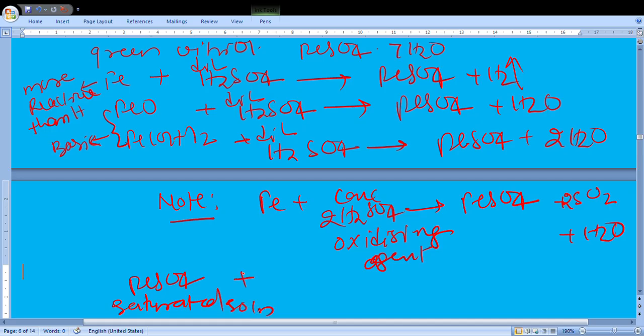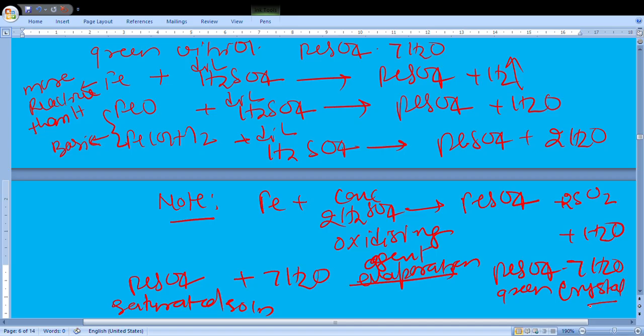Plus it will add 7 water molecules from the saturated solution, and after evaporation it gives FeSO4.7H2O, that is, green colored crystals will be formed. In this way, we are able to prepare almost all the salts. Just global salt is left. So, next topic we will do analytical chemistry. Thank you.